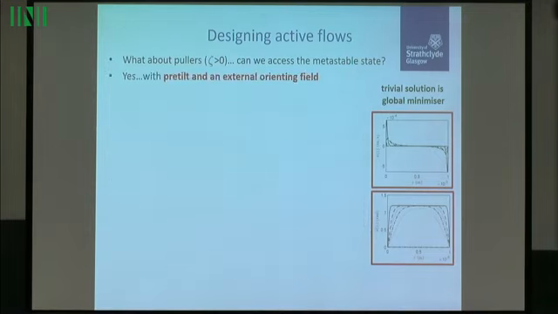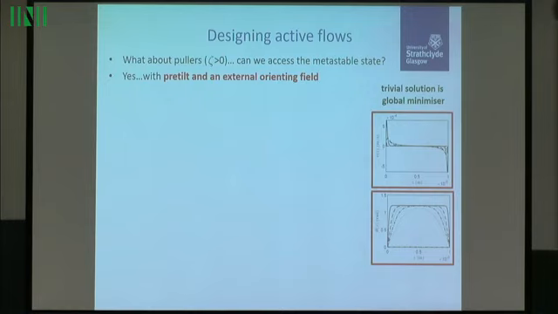What we can do is use pre-tilt, because if you see what this director structure is here, it actually prefers a positive tilt, a positive director angle. If at the boundary I induce that positive tilt angle, then this state will be preferred. I can also do it with an external orienting field. I don't know whether I'm going to be able to orient my organisms. We saw some work there before where they had magnetic fields.